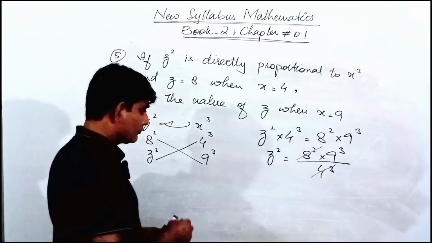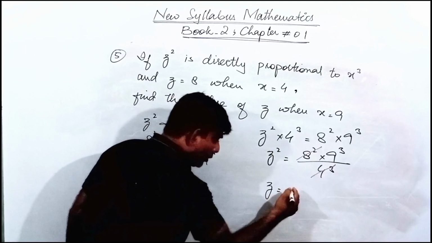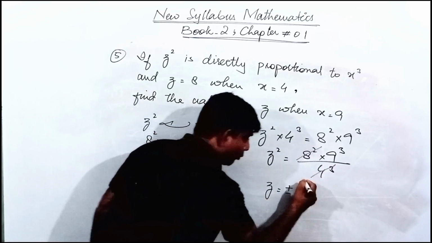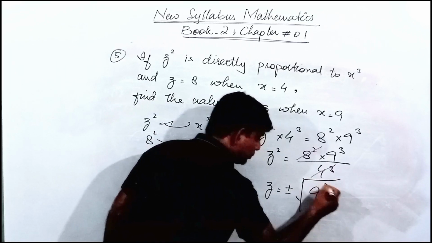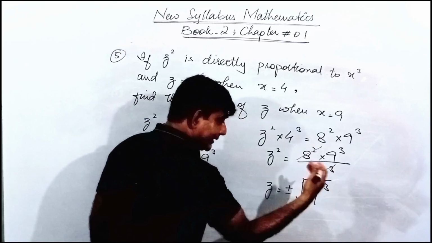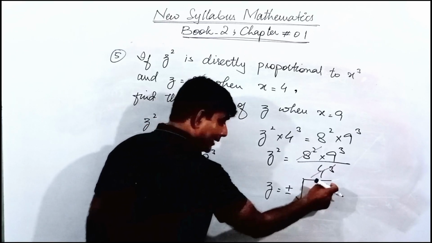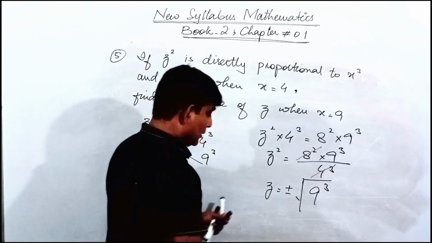Listen. z is equal to plus minus within square root, what we have, 9 cube. One can write this like this: 9 cube means 3 square whole cube, or use a calculator.